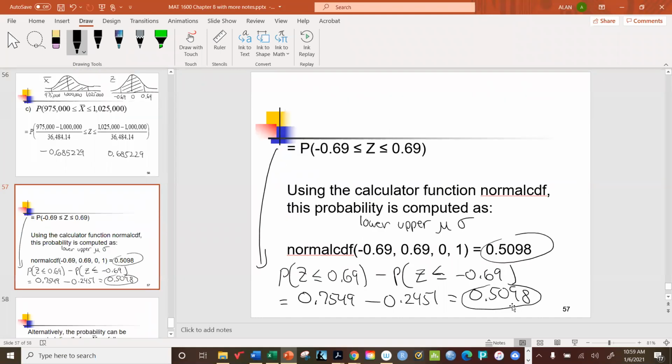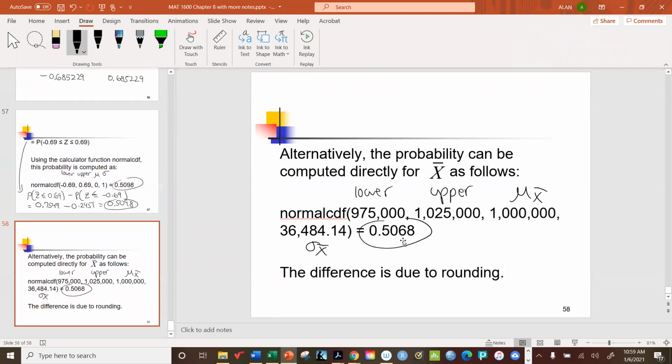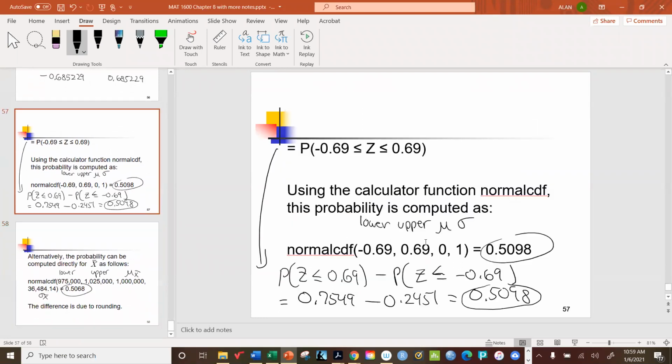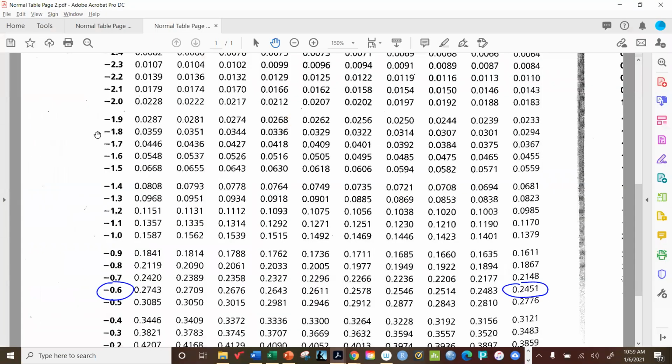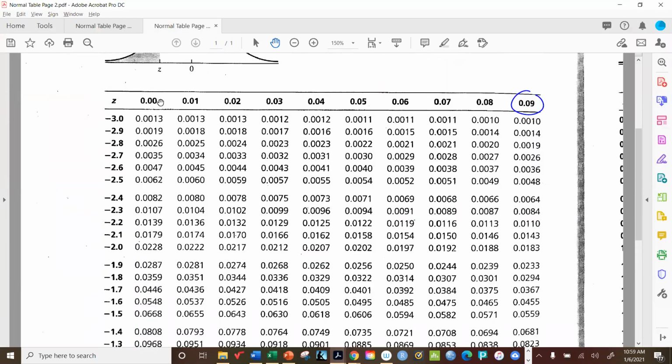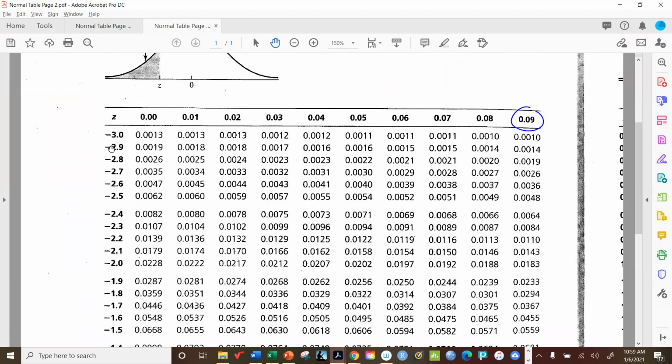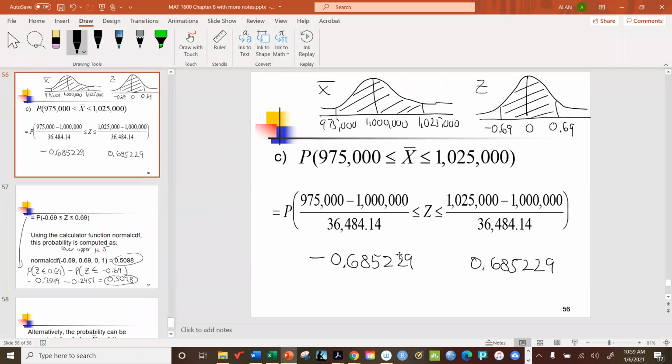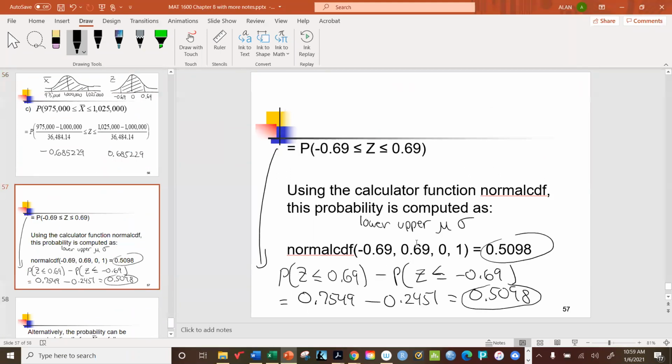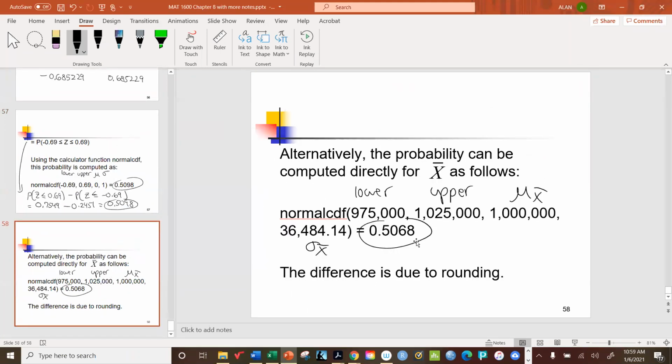So this number you're seeing here is slightly off. This number is actually correct. This one is an approximation, so it's a little bit off. But that's the reason for it, because if you look at the table, you'll see it only goes out to two places. So by rounding 0.685 to 0.69, we're going to introduce some rounding errors, but that's okay. It's close enough. It's not a problem. I just think you should be aware of it.